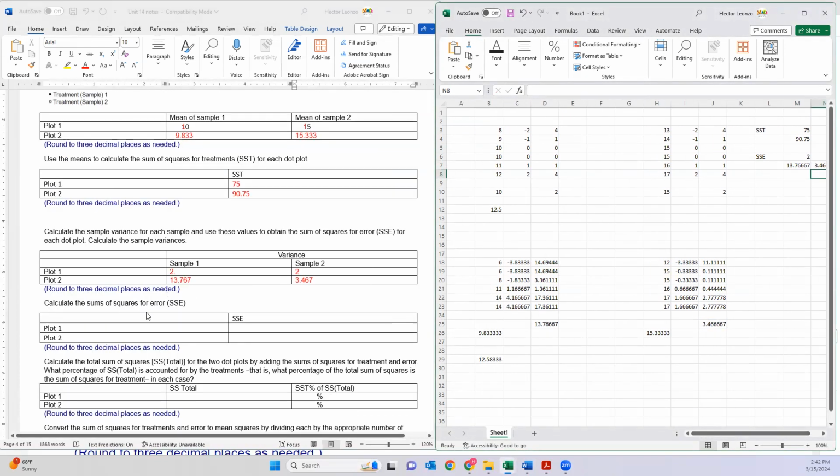Okay, now we're going to calculate the sums of the squares. So SSE, we're going to calculate the sum of squares for error. So notice how for plot one, I only have one space on my table. Well, for plot one, I'm going to add my SSE from plot one.